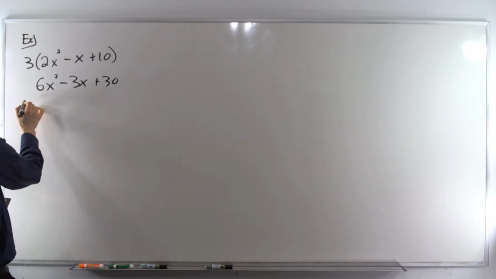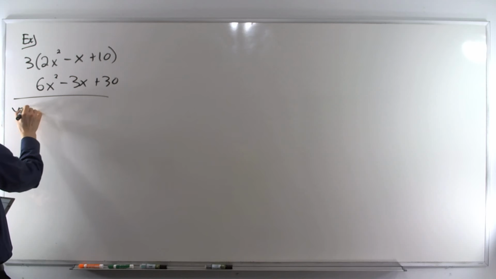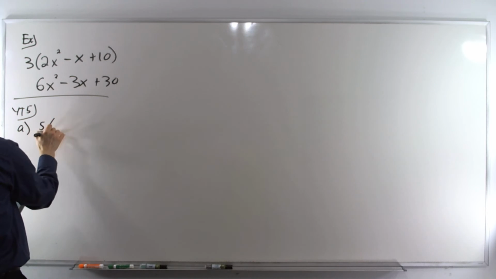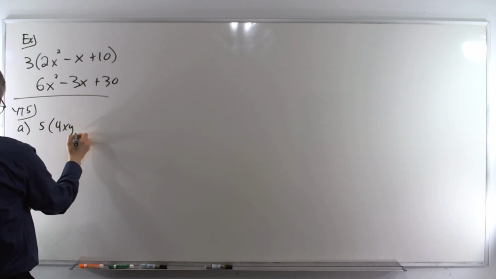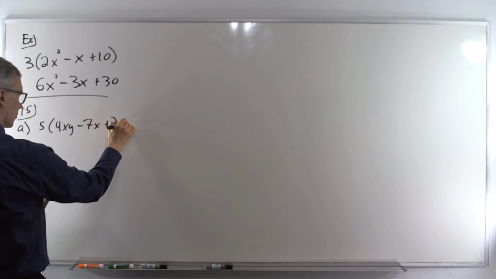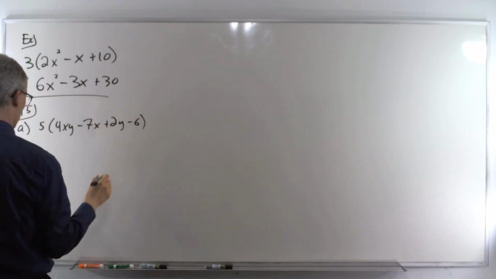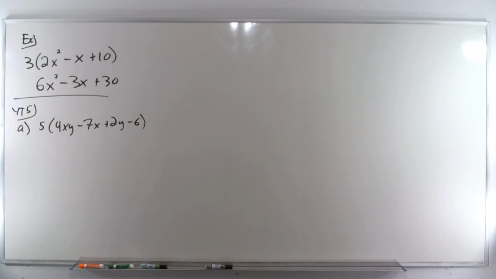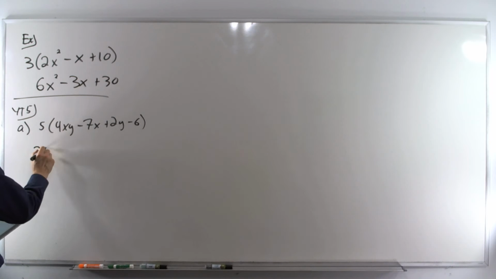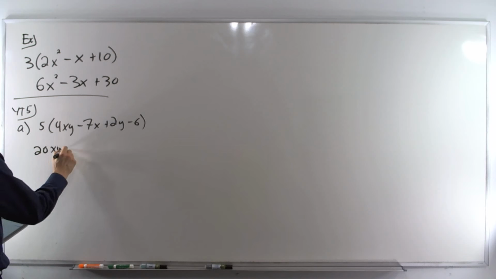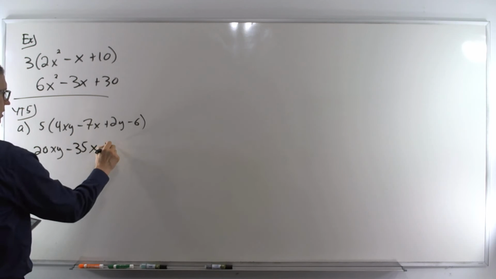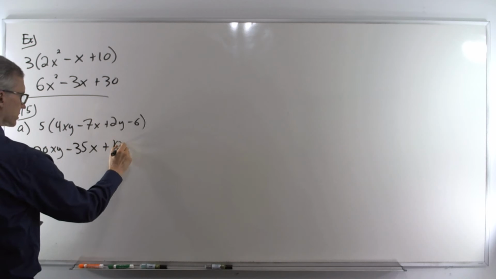Your turn, number 5. Part A, 5 times 4 is 20, keeping the variable part x, y. 5 times negative 7 is negative 35, x. 5 times 2 is 10, so we get 10y there.